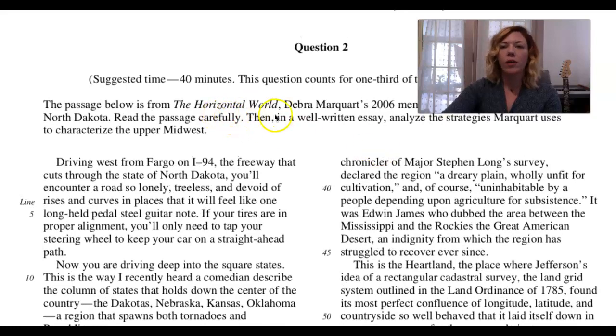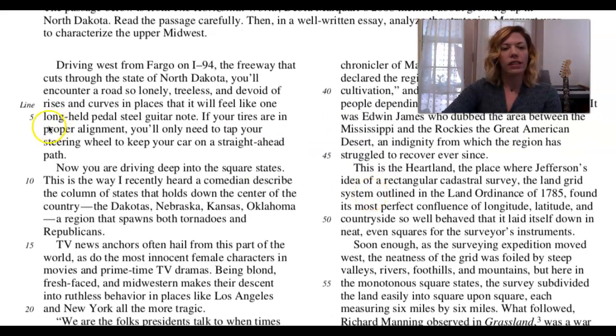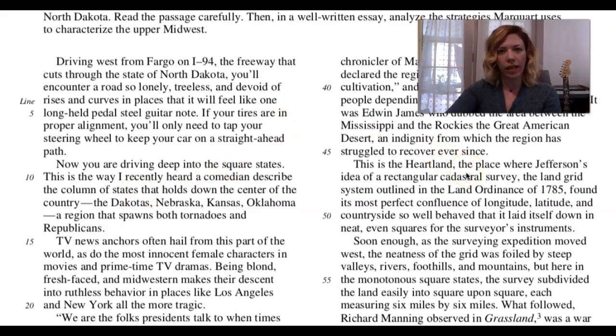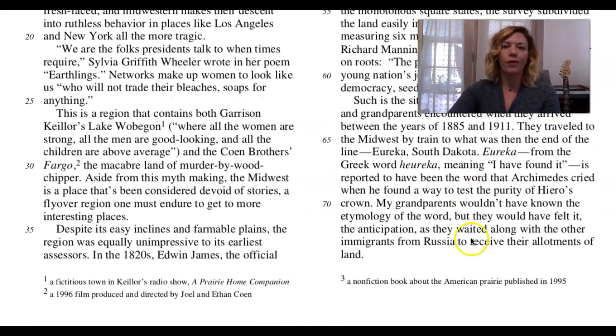Okay, so the author characterizes the Midwest as being misunderstood through her use of anecdotal evidence, historical record, and personal experience. That's how she does it. Or that's what I'm going to choose to focus on. And I decide that before I draft.